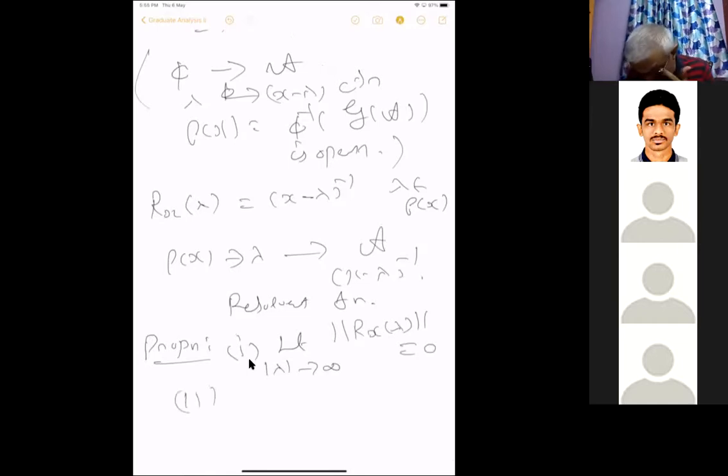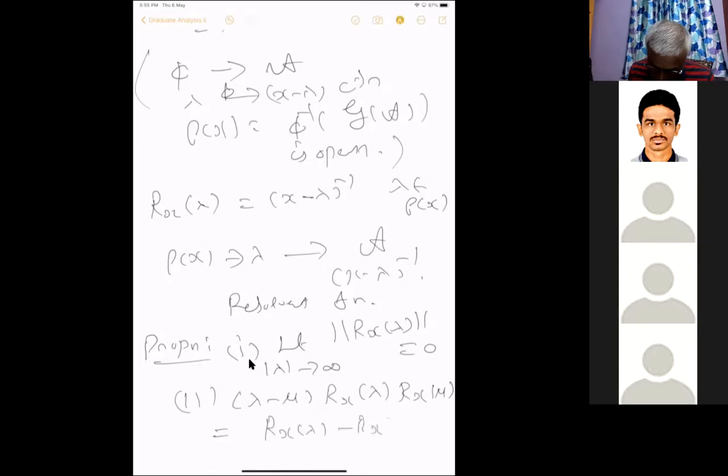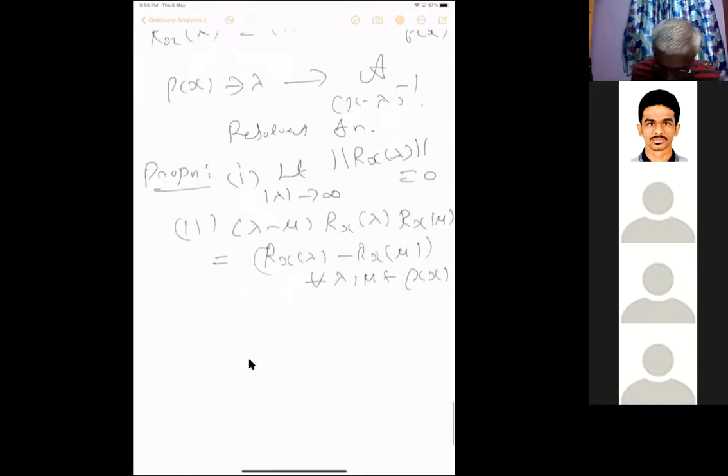The second thing is the resolvent equation: lambda minus mu times Rx lambda Rx mu equals Rx lambda minus Rx mu, for all lambda, mu in the resolvent.